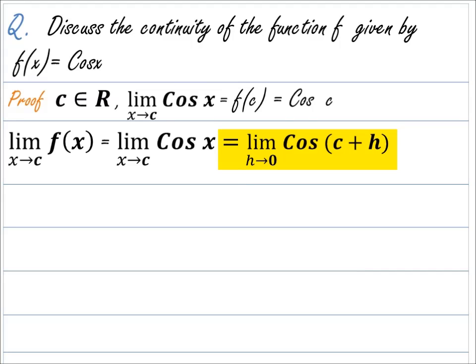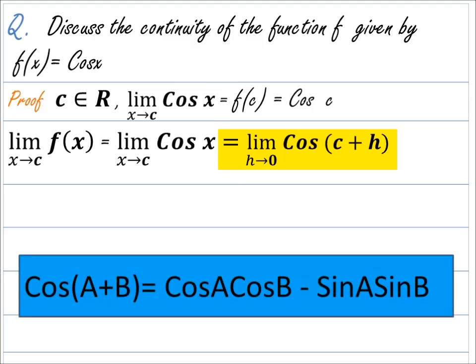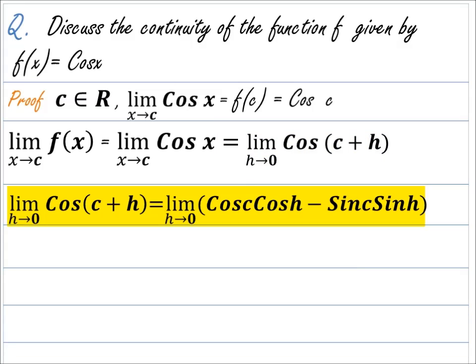Now what's the value of cos a plus b? Now cos a plus b is equal to cos a cos b minus sin a sin b.